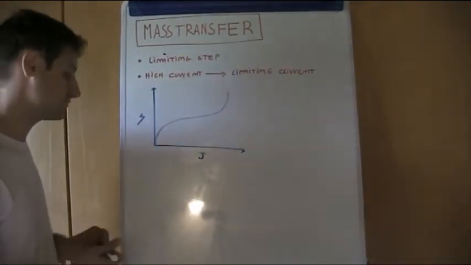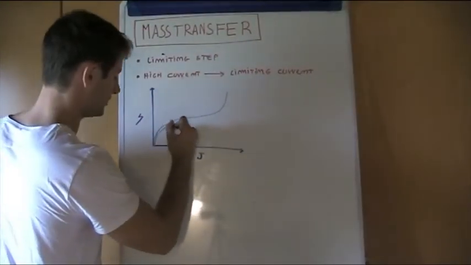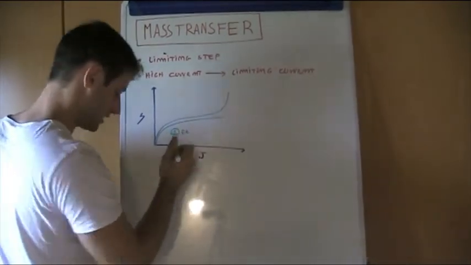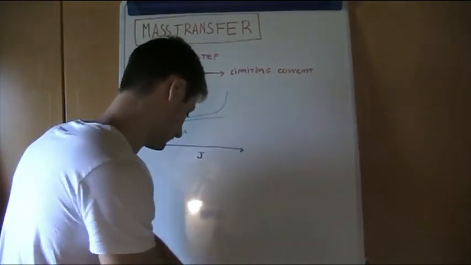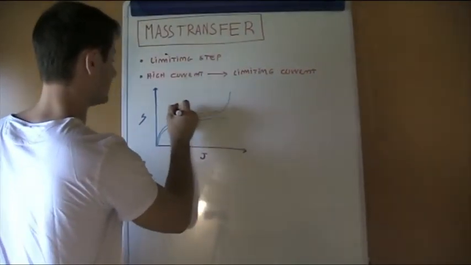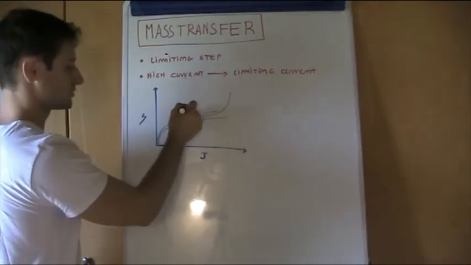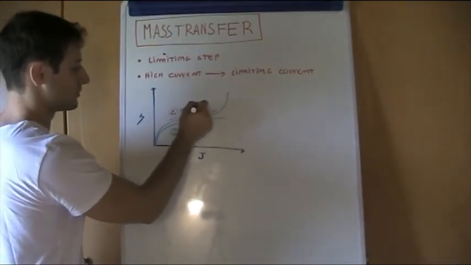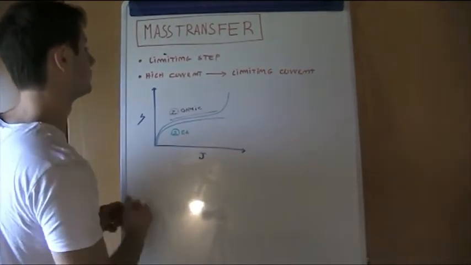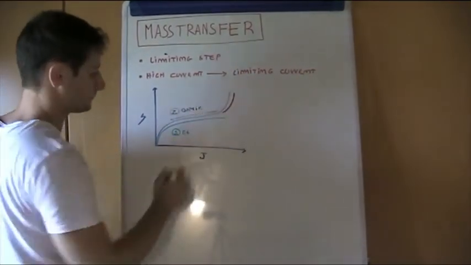And we know that this behavior is associated with a contribution due to the electron transfer, this one, a contribution due to the ohmic resistance, and a contribution due to the mass transfer.